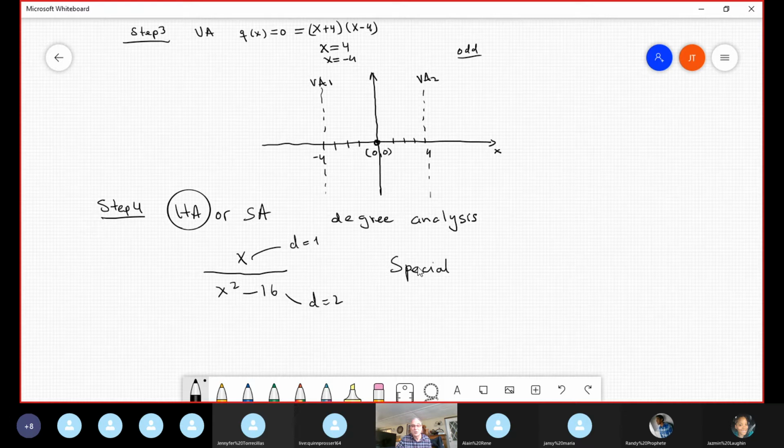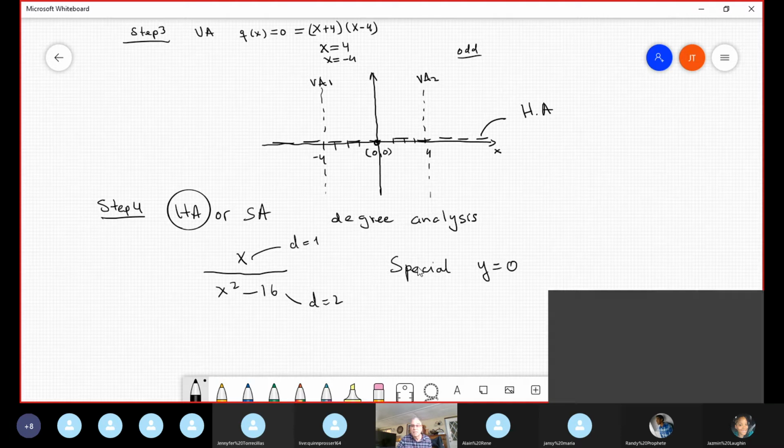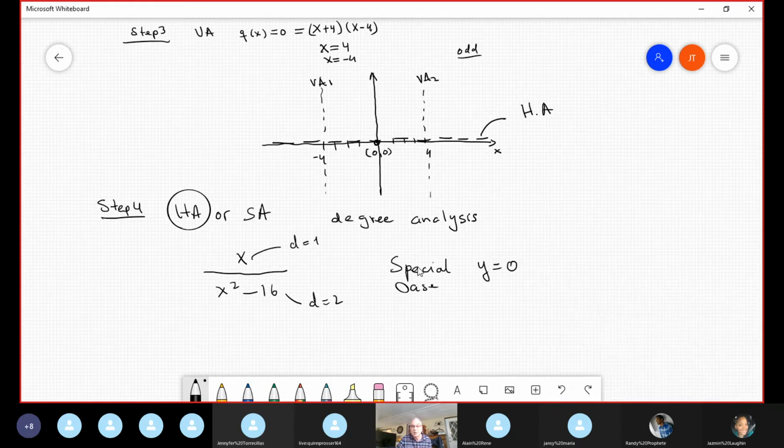And special is always at y equals 0. So we have here one horizontal asymptote, the special case.